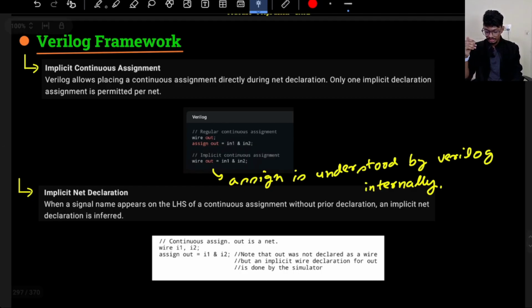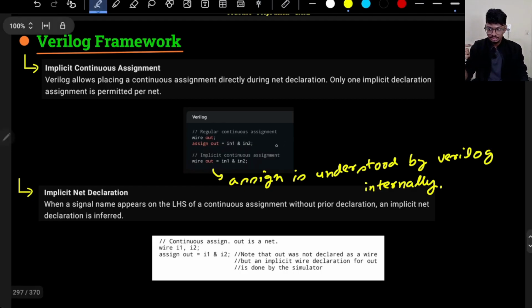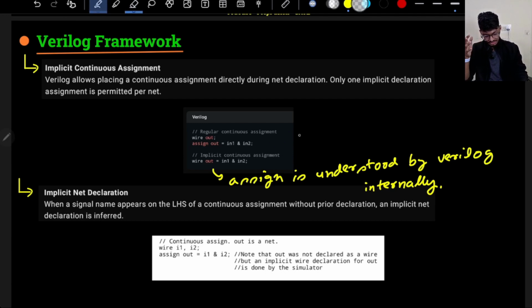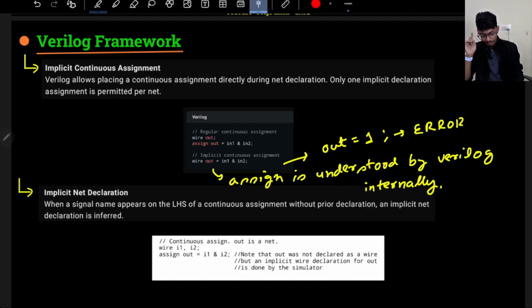But let's say I write another statement. This out is here, then I write another statement, out is equals to 1. This, right, Verilog will throw an error. Why will it throw an error? Only once I can do this, while initializing.